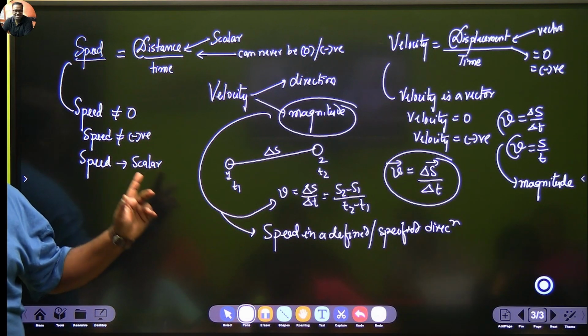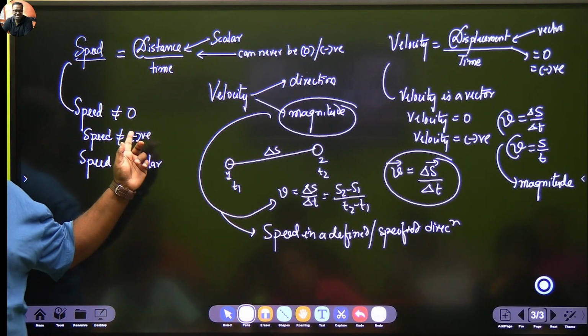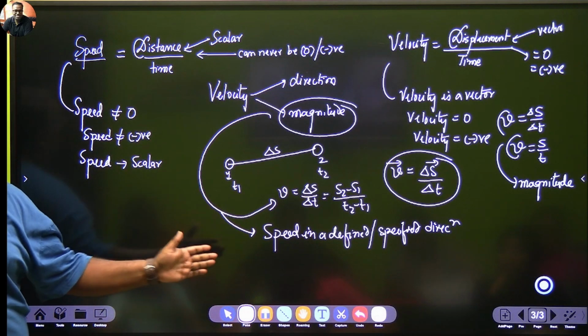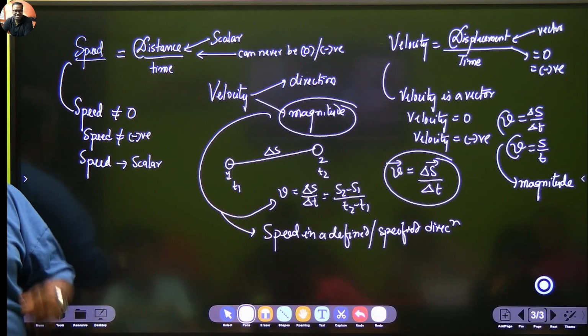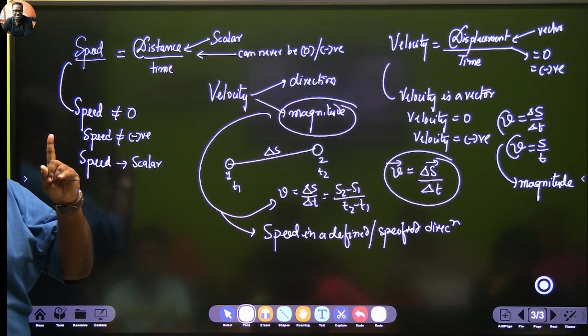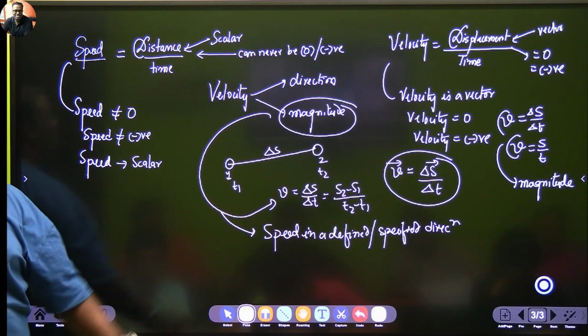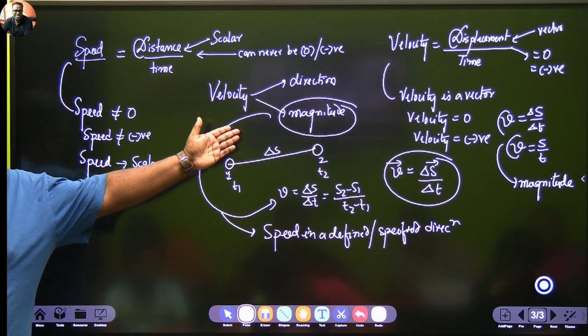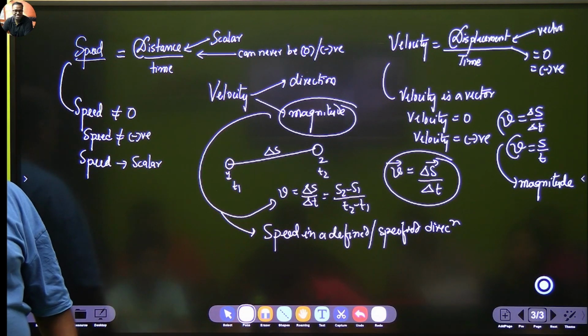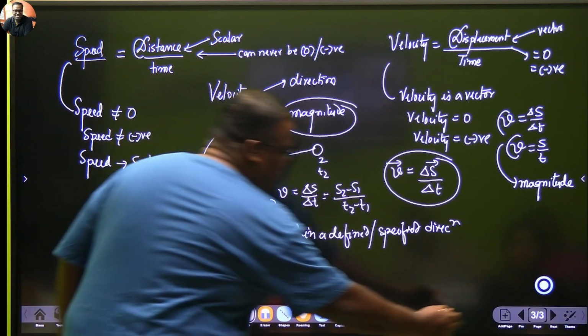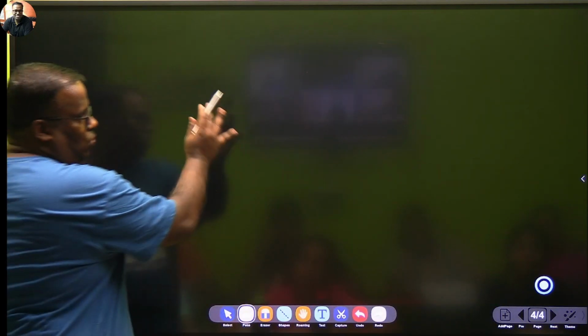If you are calculating speed using distance, then you are calculating speed. If you are calculating speed using displacement, you are calculating a special class of speed, that is the speed in a defined direction. And such a speed is nothing but the magnitude of velocity. Okay? Now combining all these things, let's forget about speed.